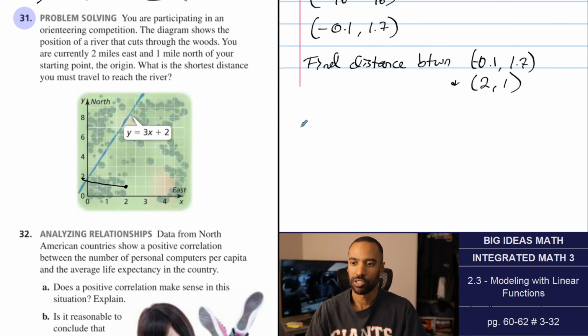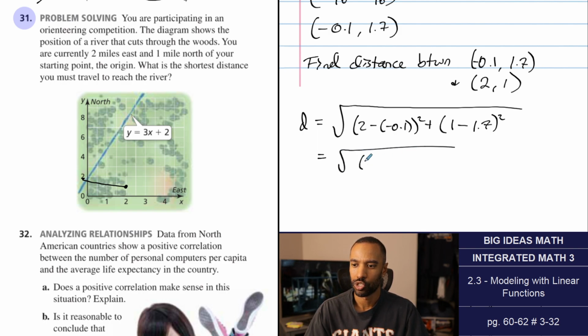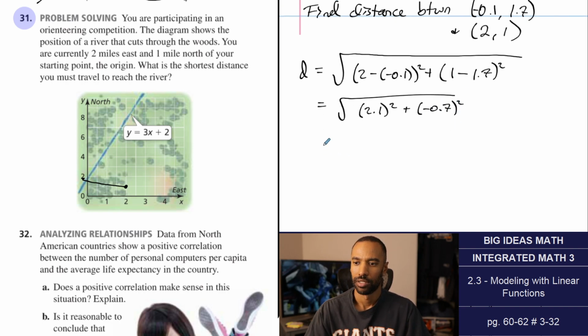The distance formula is the square root of (x2 minus x1) squared plus (y2 minus y1) squared, which is the square root of 2.1 squared plus negative 0.7 squared.